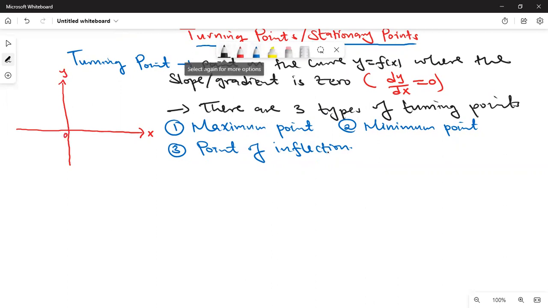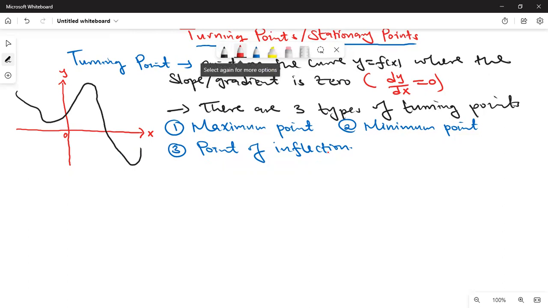So I'll come up with any graph. Let's say we have this kind of graph. It was sloping, continues to slope, it goes up, then comes back down like that.